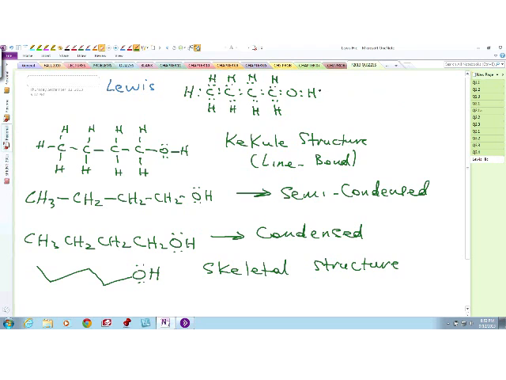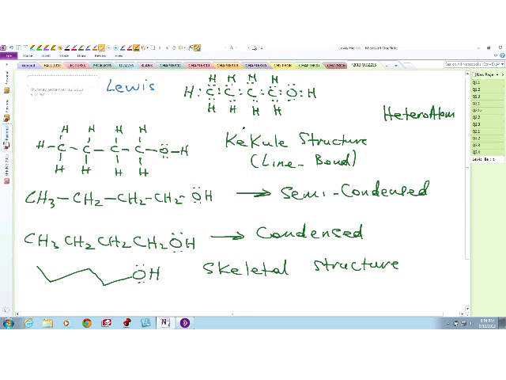You also have to show the non-bonding electrons wherever appropriate, particularly on those heteroatoms. So we have non-bonding pairs of electrons here. So in the Lewis structure, you show all of the bonding electrons.